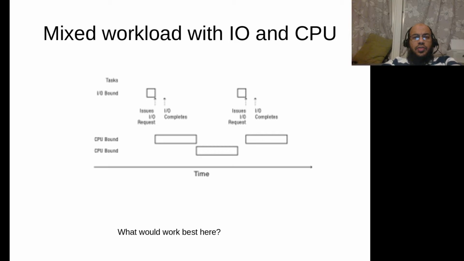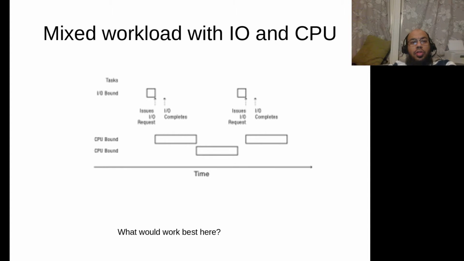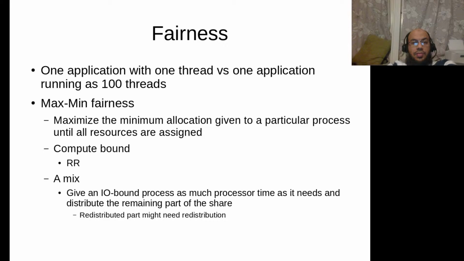So if you have a system that looks like this, with some I/O bounded applications and some CPU bounded applications, the question that all schedulers try to answer is how can you operate such that you provide both the I/O bounded applications and the CPU bounded applications the notion of fairness.